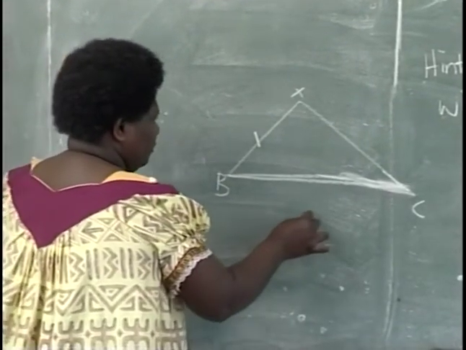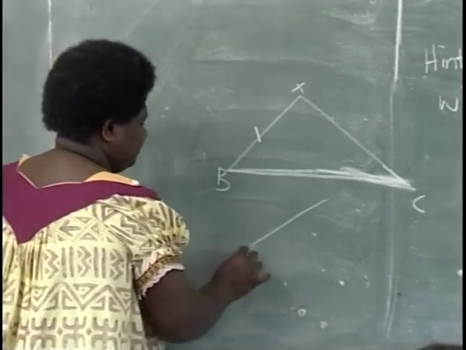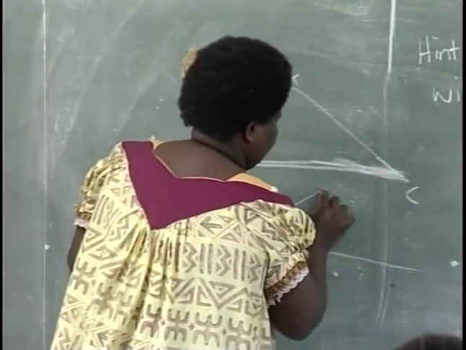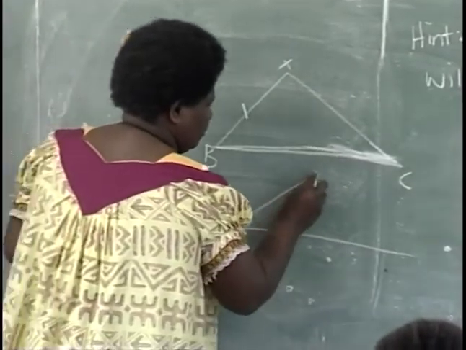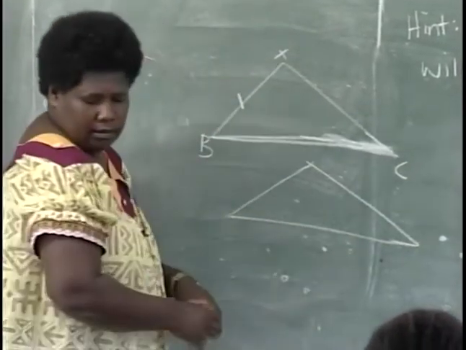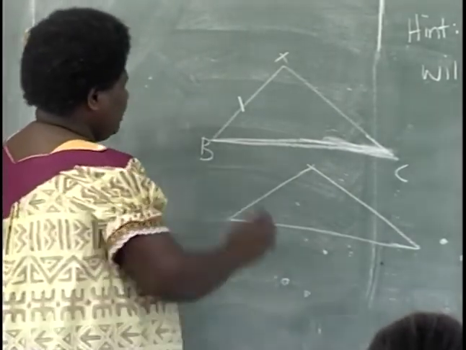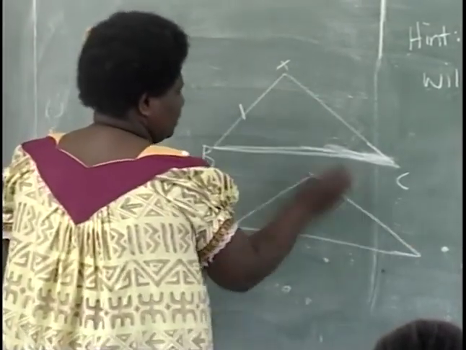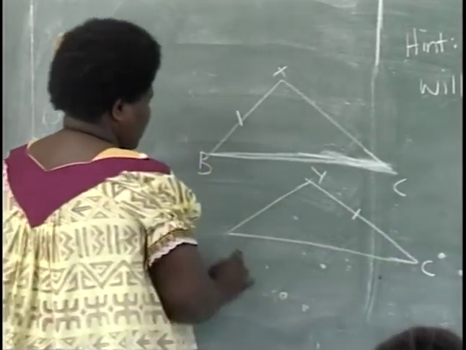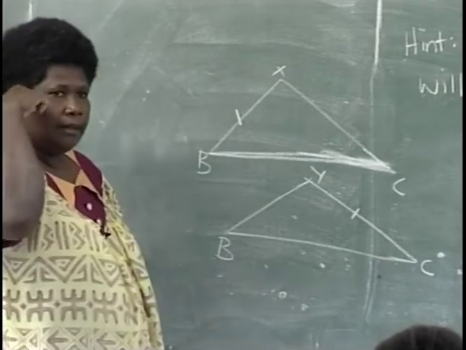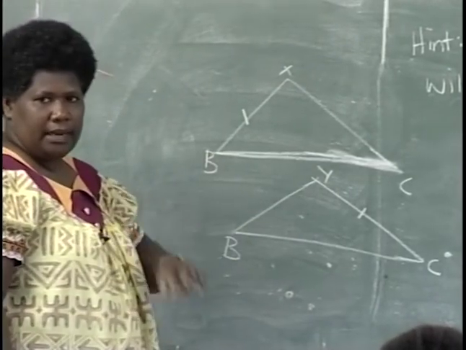Okay, I'll draw another one. Just draw it like this. Okay, BX is equal to CY. So this is Y and C, and this is B. The two triangles share the same length.